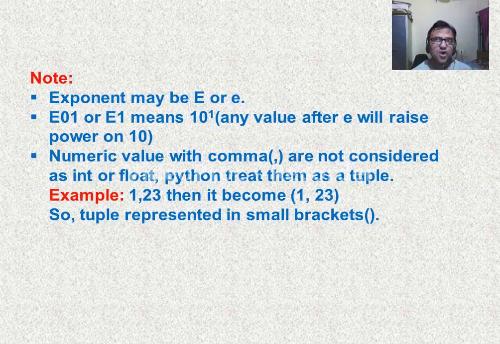So 1,23 in the given example becomes (1,23) within a small bracket, meaning it's another type of data that Python will convert it to. So within a small bracket, 1,23 represents a tuple. So tuple representation is always in a small bracket.